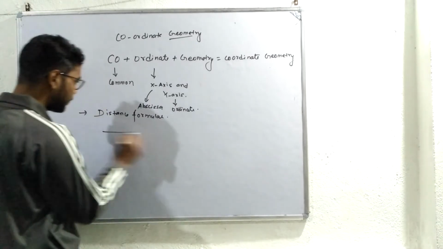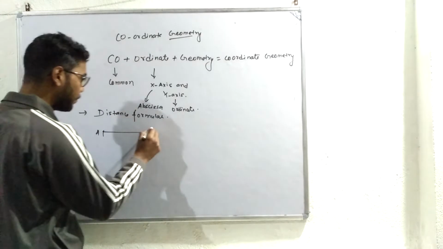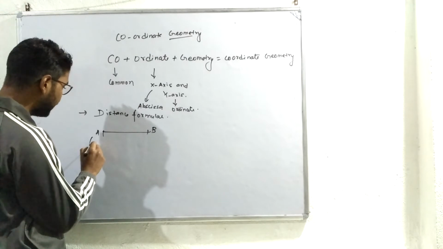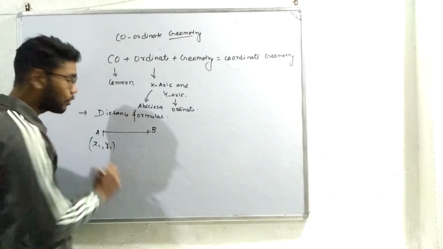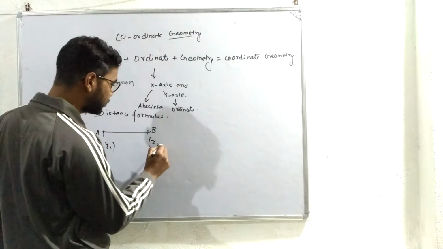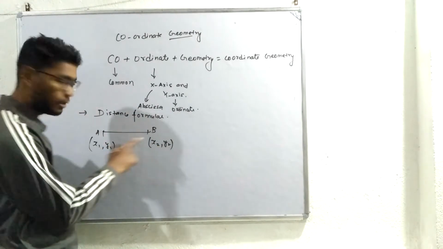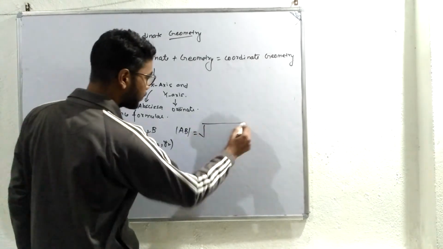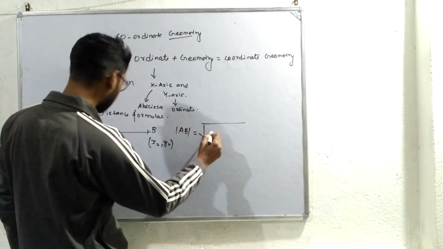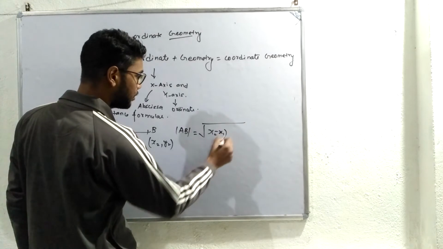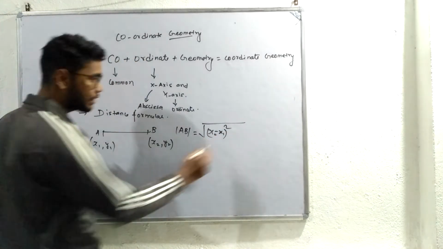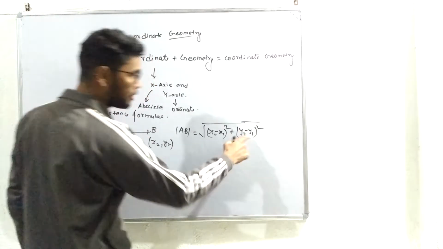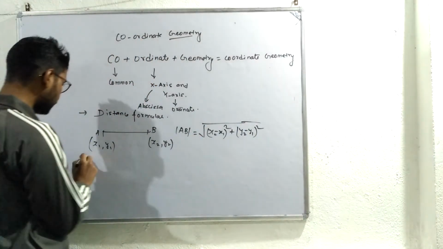If point A is at x1, y1 and point B is at x2, y2, then the distance AB will be under root of (x2 minus x1) whole square plus (y2 minus y1) whole square.